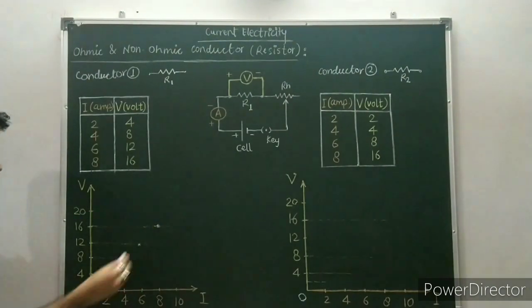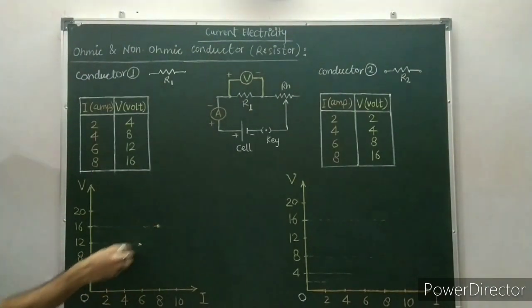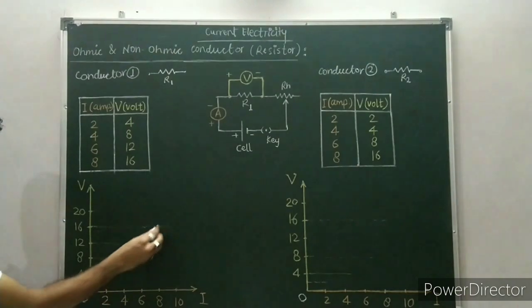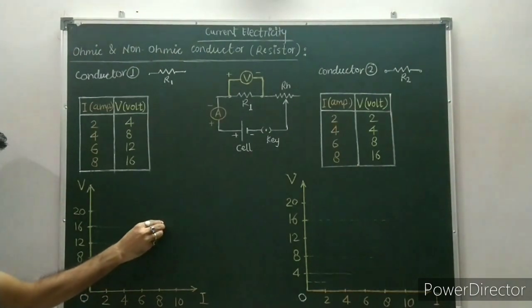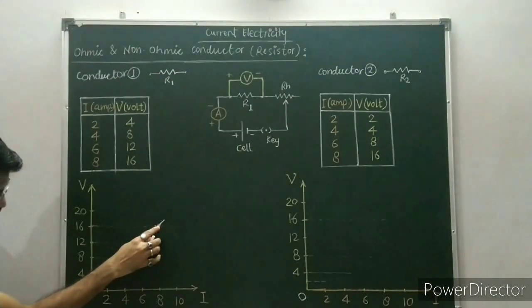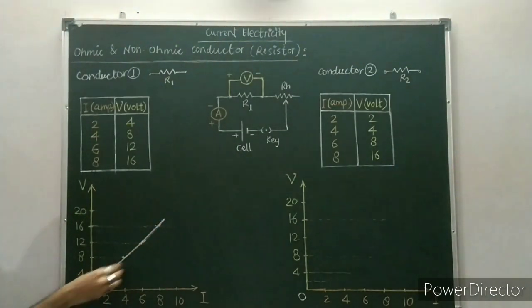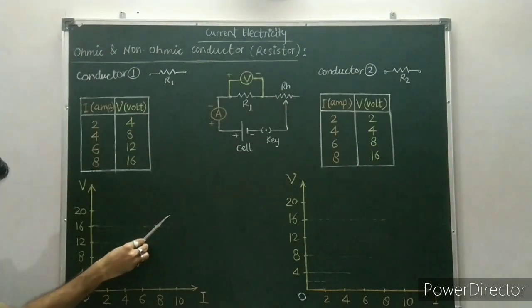Now we have 4 points on the graph. Join these 4 points. When you join these 4 points, you get a straight line.